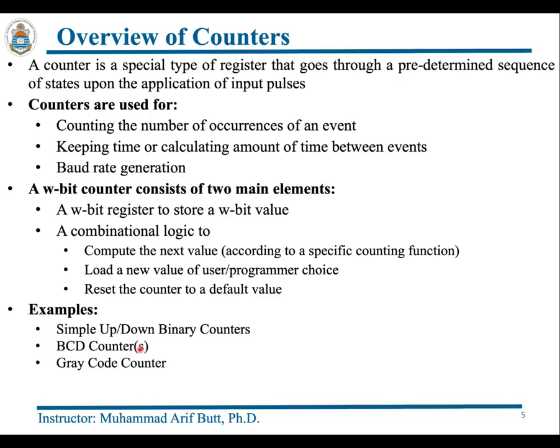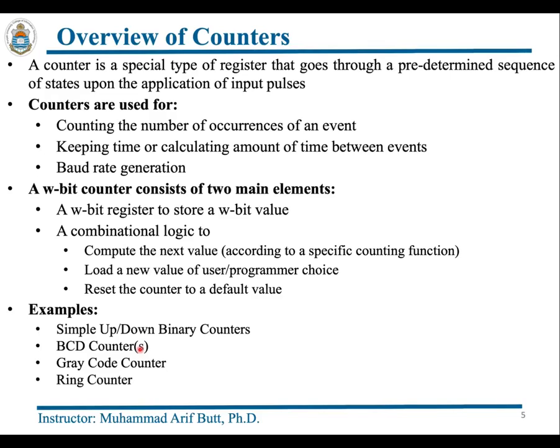For example, a 3-bit Gray code counter will count in the sequence of 0, 1, 3, 2, 6, 7, 5, and 4. There are a lot of applications of this Gray code, and the one that you all have used is in the Karnaugh map, used for simplification of Boolean functions.